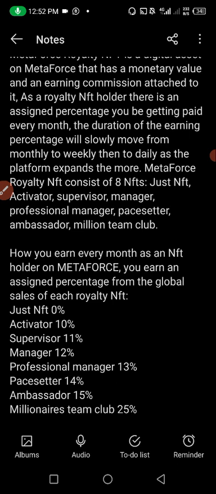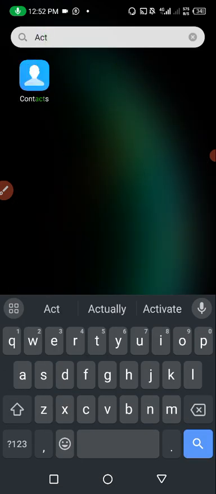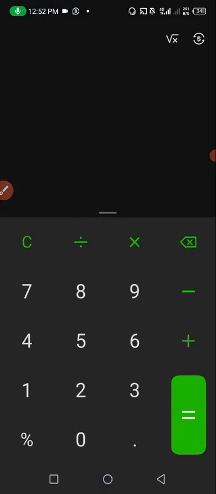So, for example, you have an activator, and that activator made a total of $1,000 for you. It's actually MetaForce doing all the effort. You're just collecting your commissions. That's all.